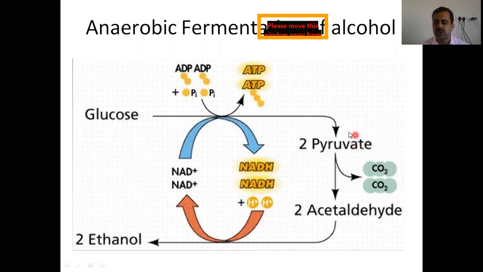Up till here, the process of glycolysis is there. But once two molecules of pyruvate are generated, acetaldehyde is produced anaerobically, and this acetaldehyde will get converted into ethanol. This is an important part to be concerned about: this is fully an anaerobic fermentation process. There is no essence of oxygen.